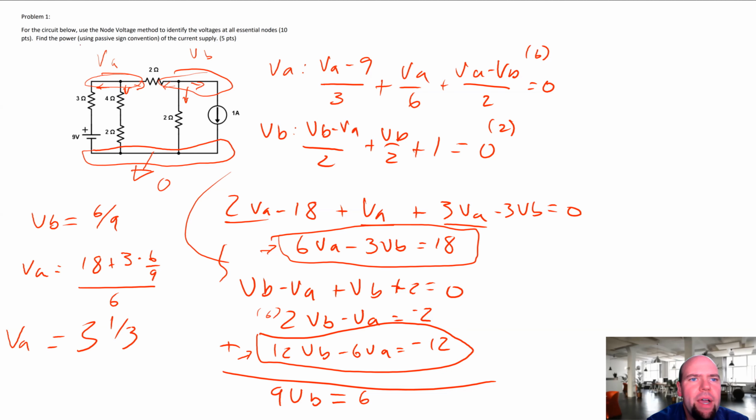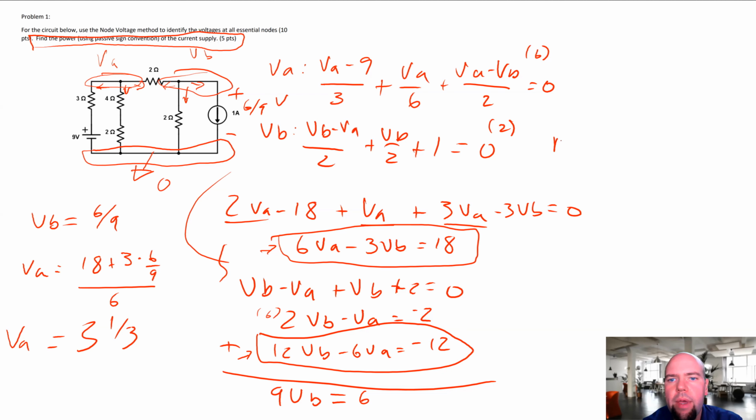And then it said find the power using passive sign convention of the current supply. So we know that VB, which is this, was 6/9 volts. Our current is shown, and that 1 amp current is entering the positive terminal as labeled.